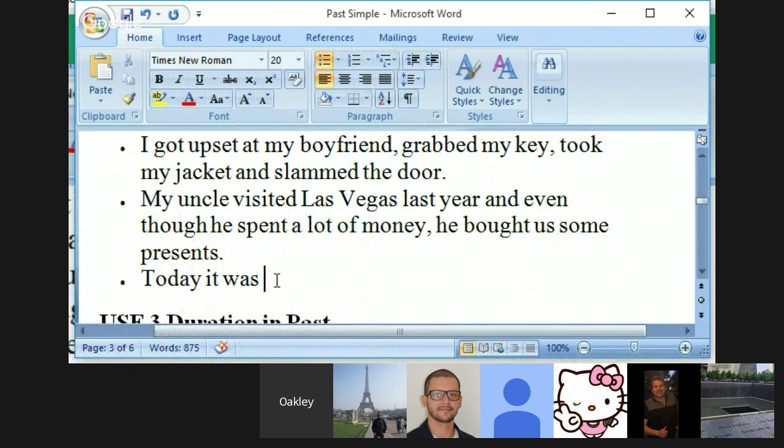You know, today was a cold day, so I grabbed my hat, grabbed my coat, and put on my boots. There you go. Then I know you did first your hat, then your coat, then your boots. That being the idea. Okay? Try it again.